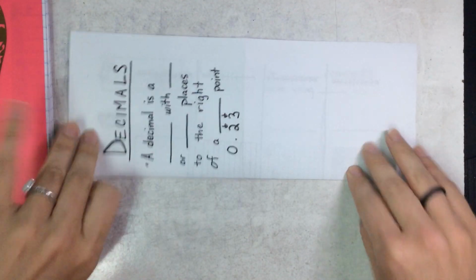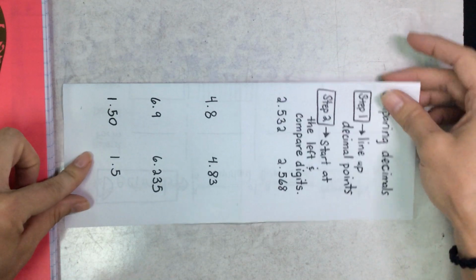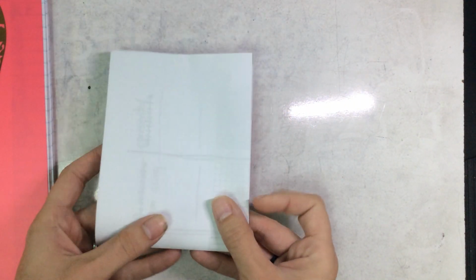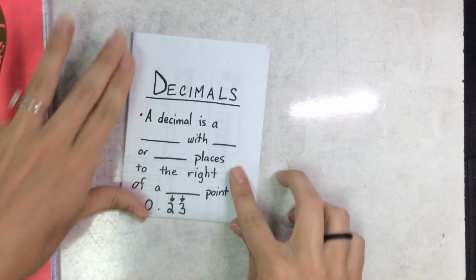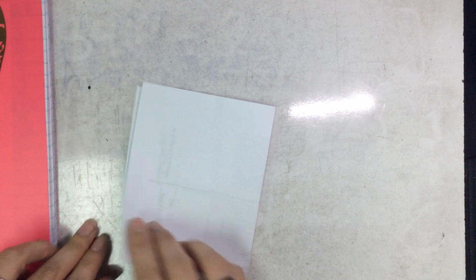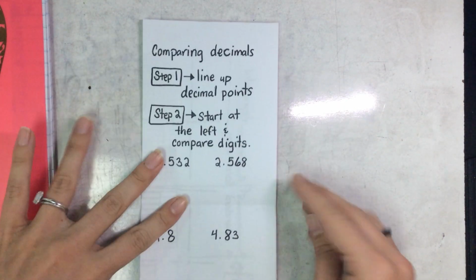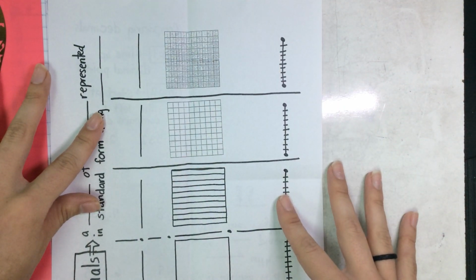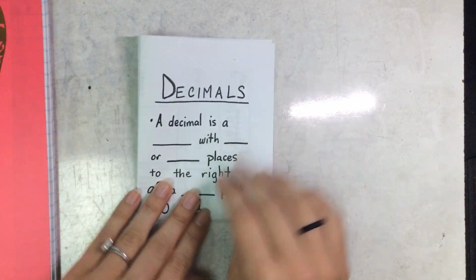So it should look like this, and then we want to fold it like this. So then you have decimals here. You'll glue it on the back. When you open it up, you'll see comparing, and then we'll open it all the way up, and this will be our main page. So let's write first, and then glue.